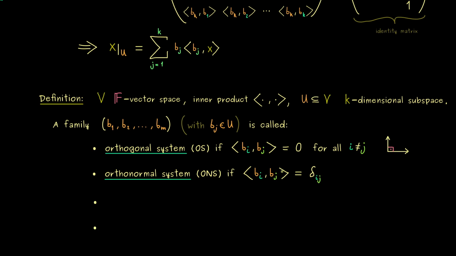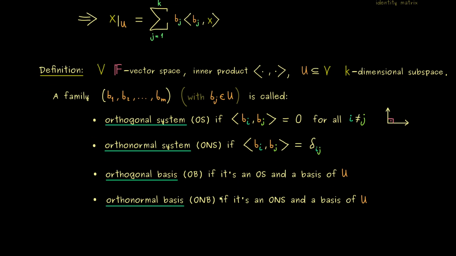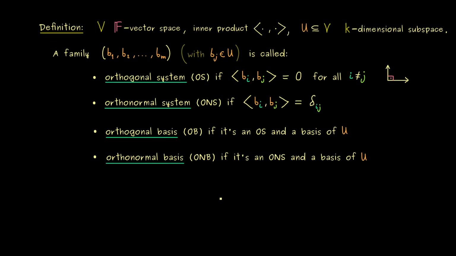And this already explains why we get two additional names. Namely, we get orthogonal basis OB and orthonormal basis ONB. So we have exactly the same thing as before, we just add the information that we have a basis as well. And then we get the most important notion, namely orthonormal basis for a subspace U. Now, this notion should not be completely new to you, because you already know R^n with the standard inner product.